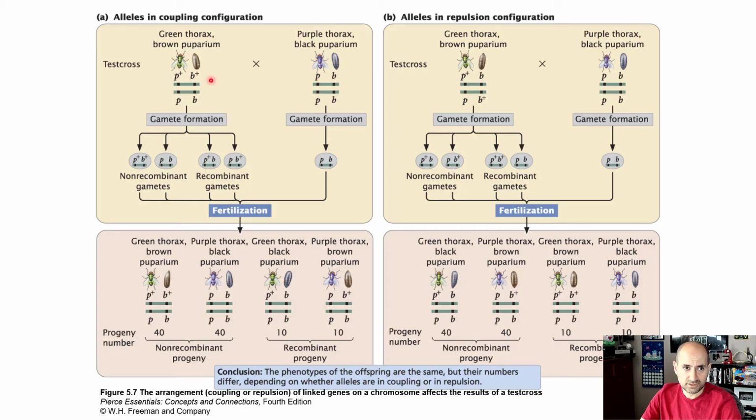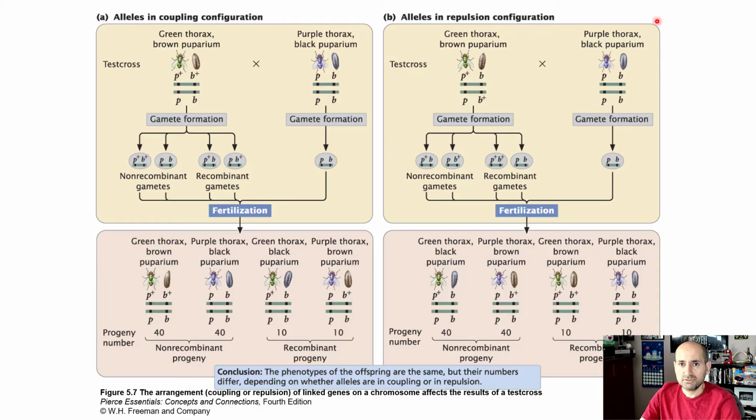If it's cis configuration, well then after the cross you're going to see a majority of the progeny exhibit the cis configuration. They're going to be P plus B plus or green thorax brown puparium, and they're going to also mimic the other parent. They're going to be purple thorax black puparium, and that makes sense.